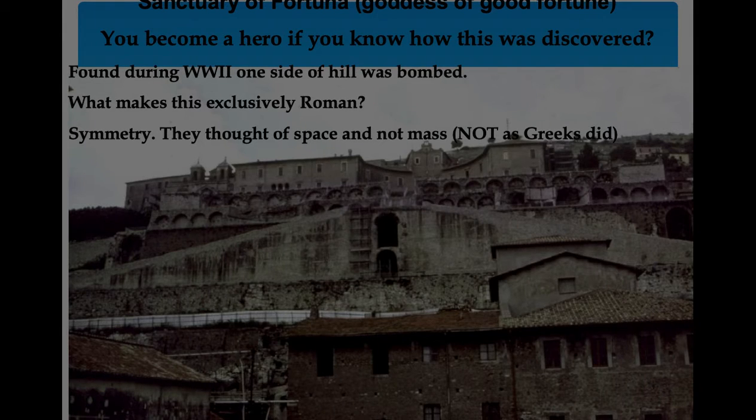Okay, so next we're going to talk a little bit about the Sanctuary of Fortuna. About this, we're more going to talk about the construction of it and Roman concrete. So, Roman concrete was basically developed in the early 2nd century BCE. The use of mortar, which is basically your concrete mixture, as a bonding agent in ashlar masonry wasn't a new thing in the ancient world.